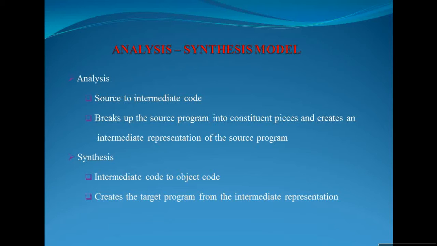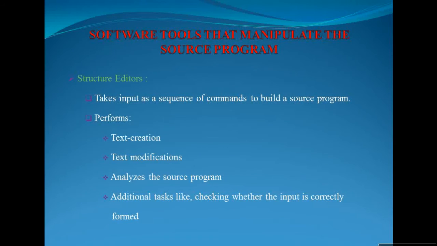So your compiler is classified into two parts: analysis, from source language to intermediate code, and synthesis, from intermediate code to object code. To build a compiler, we need software tools to manipulate the source language. Some of these tools are structure editors.